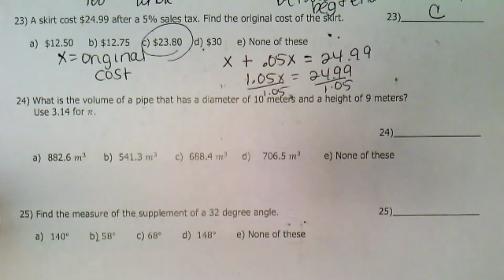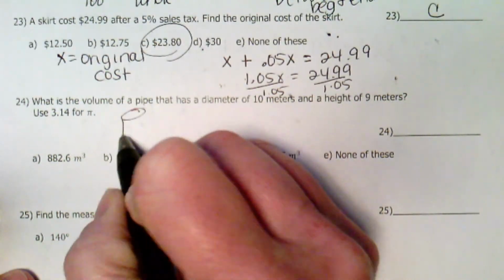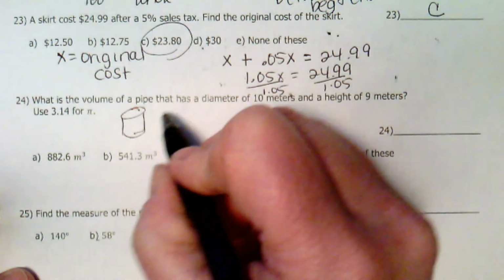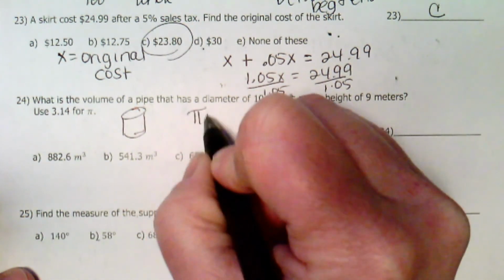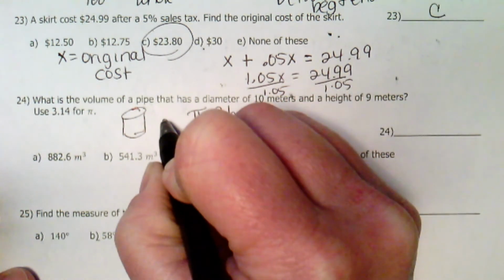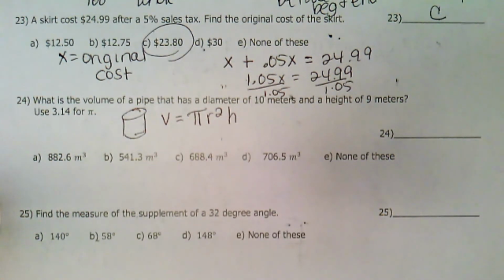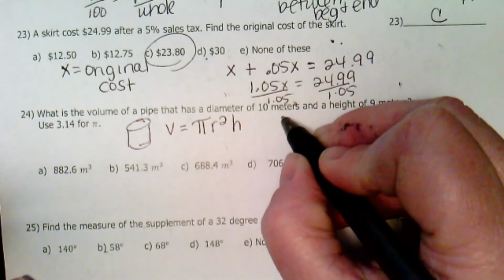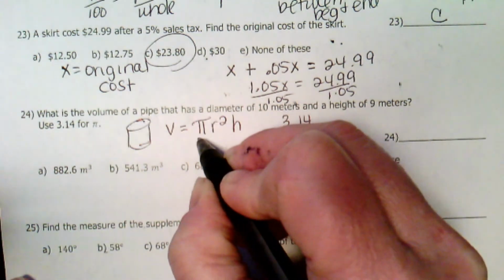Alright, 24. What's the volume of a pipe that has a diameter of 10 meters and a height of 9 meters? So a pipe looks like such. So our formula is pi r squared height. So that's a volume of a cylinder. So it tells us that 3.14 is our pi.